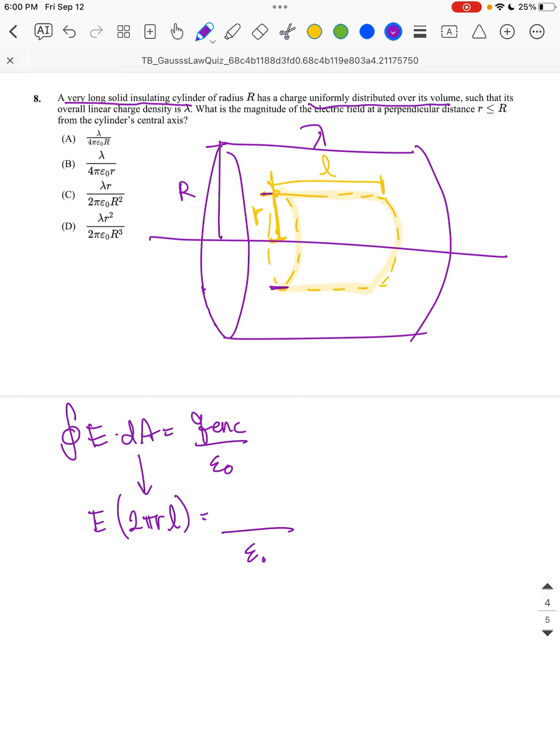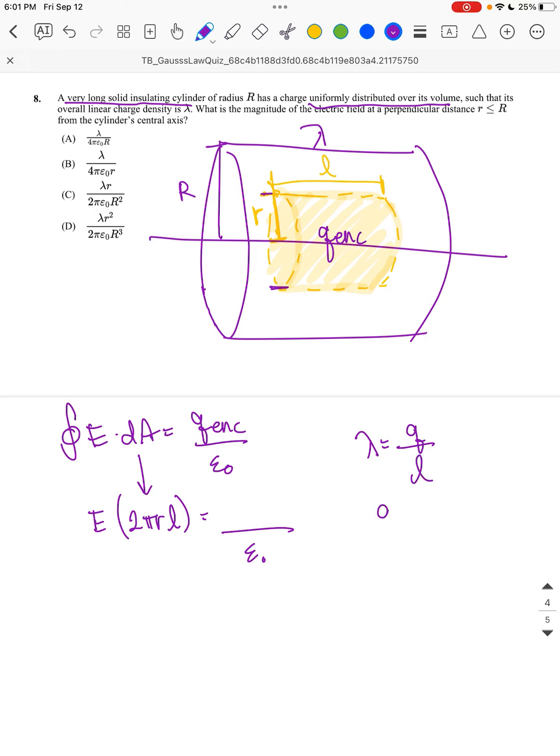The charge enclosed is actually distributed over this volume. So what I want is every charge inside that smaller cylinder. The problem is I don't have volume density, I have linear density, which is charge over length. And let me use a lowercase l again for length.